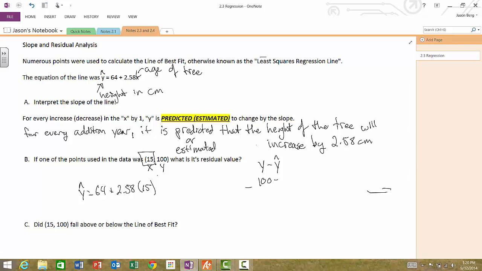But 64 plus 2.58 times 15 is 102.7. So when I calculate my residual, it would be 100 minus 102.7. So my residual value for this one point is negative 2.7.